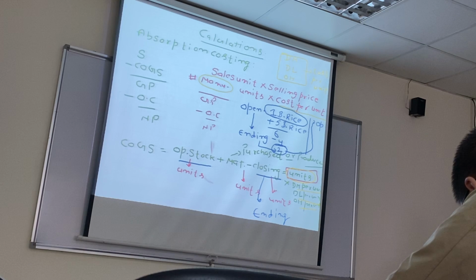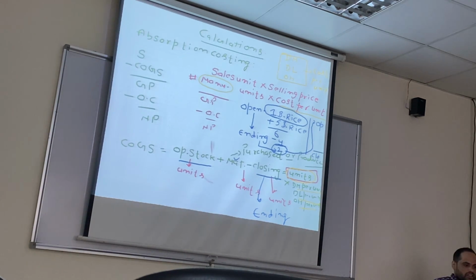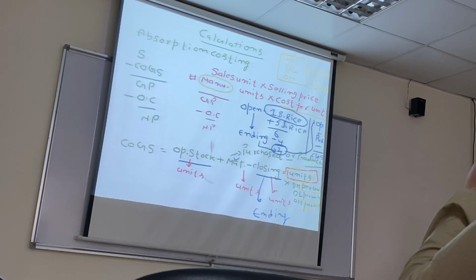And then again, maybe opening is not enough, then we buy more, and throughout the day, we check how much is left. It's called closing. So that's the idea. Opening plus purchase or produce minus closing. This is called cost of goods manufactured or cost of goods sold. That's the meaning of cost of goods sold units.